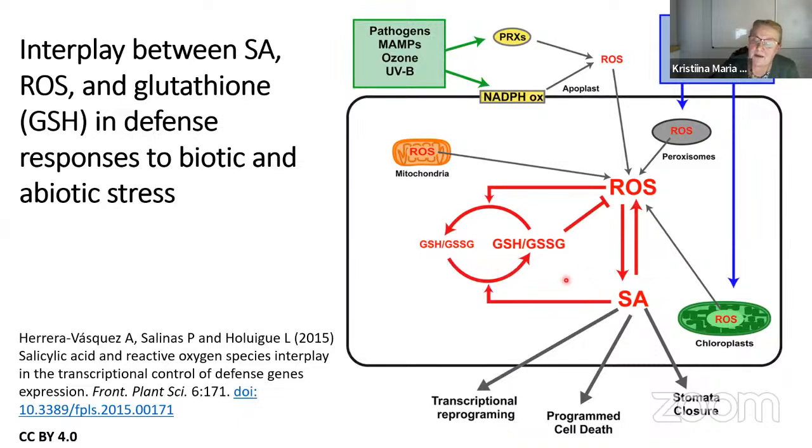But at the same time, when this balance between ROS and antioxidants is regulated, we have also transcriptional reprogramming, and that is through this NPR1. In many cases, there is this NPR1 molecule that is in the cytoplasm first as an oligomer, and this oligomeric form also has disulfide bridges that are bridging the oligomers together.